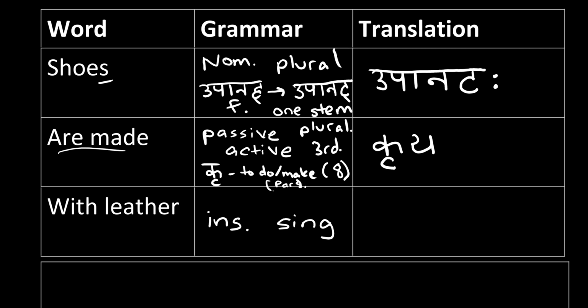It doesn't matter what type of word you're dealing with. When you're using the passive, you're always using atmanepadi case endings. So this is going to be like labhate, labhete, labhante: kriyate, kriyete, kriyante. So kriyante.